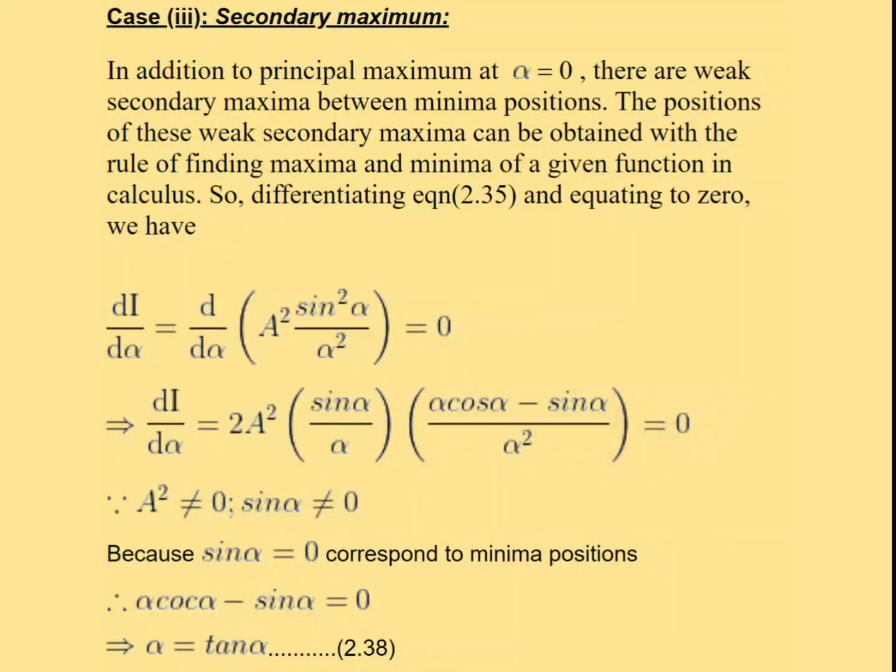Then cross multiply, α² is also 0. So simply α cos α − sin α is equal to 0. Now, converting to tan α, the equation is α = tan α.